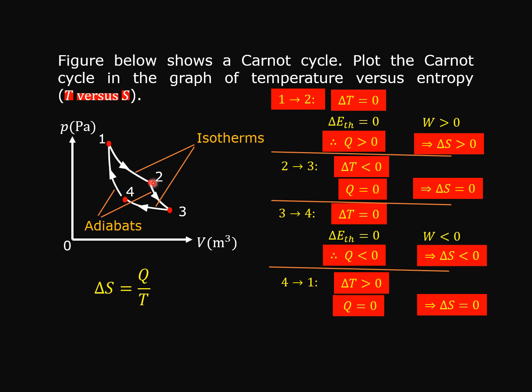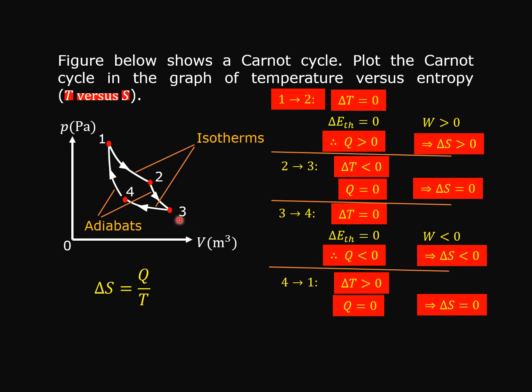When the state changes from 2 to 3, Q is equal to 0. So based on this formula, we know that there is no change of entropy. And for state 3 to 4, Q is a negative value. Therefore, based on this formula, this entropy change is less than 0.